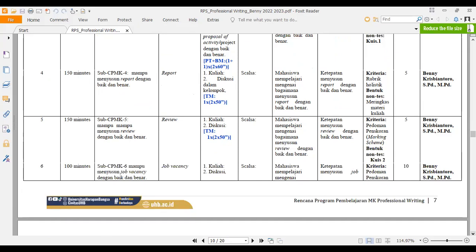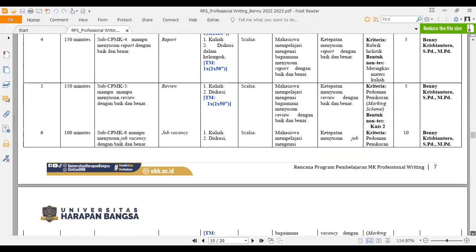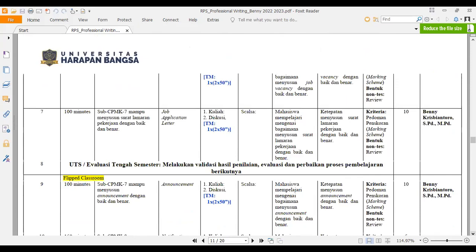Meeting 6, talking about how to write job vacancy. And then in meeting 7, we'll talk about how to write a job application letter. And of course, in each meeting, there will be assignment for you to measure whether you've really understood the materials. You can apply it in your daily lives.